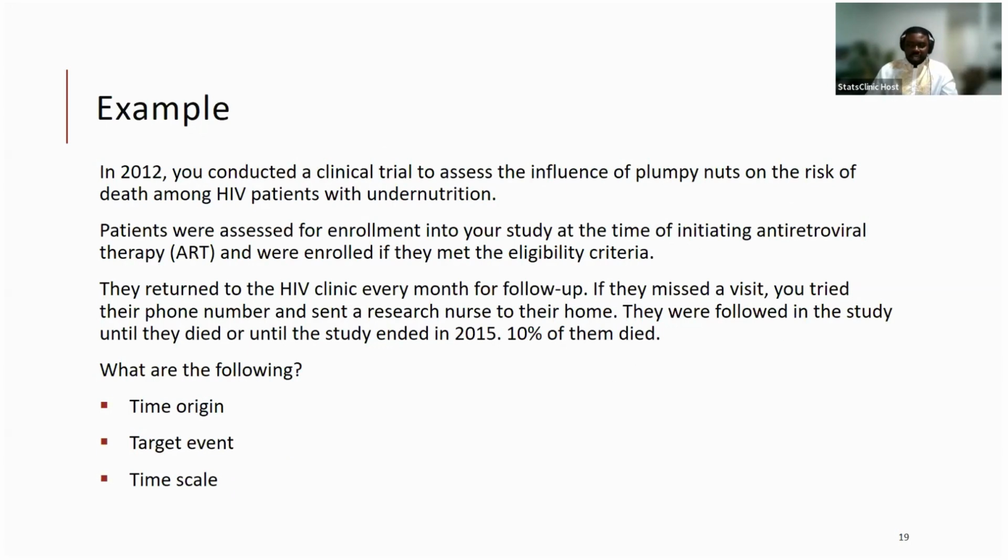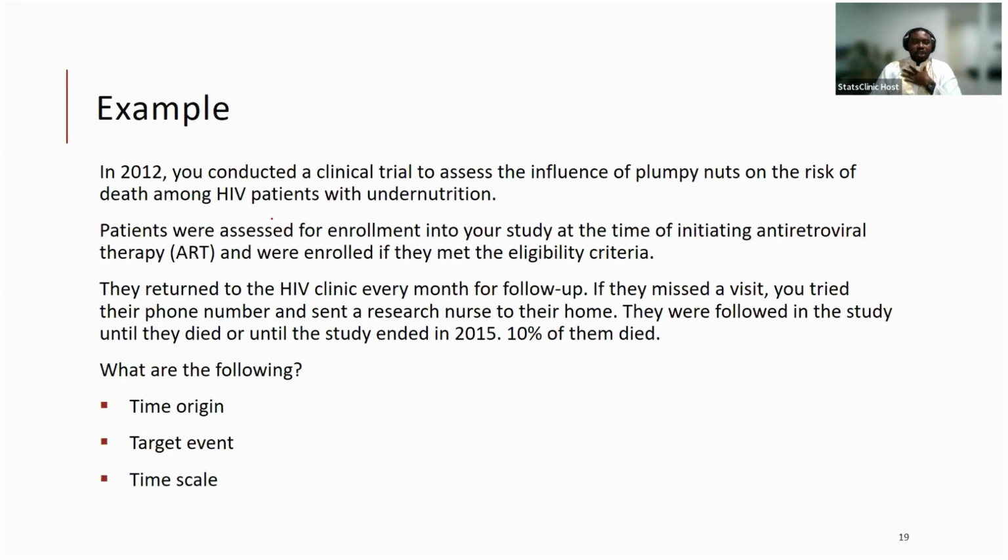It's also used in the clinic for patients who are at risk of malnutrition. So you conducted a clinical trial to assess the influence of plumpy nuts on the risk of death among HIV patients with undernutrition. You're giving them plumpy nuts to prevent death because you're hoping to treat undernutrition, but your outcome of interest is death.